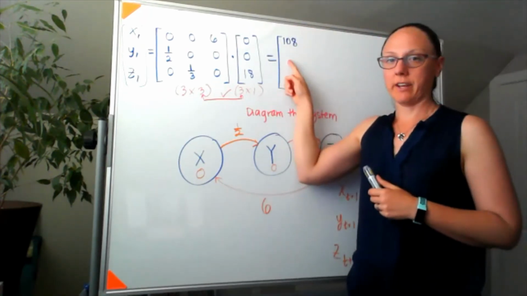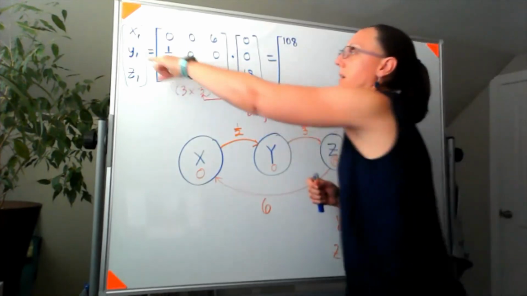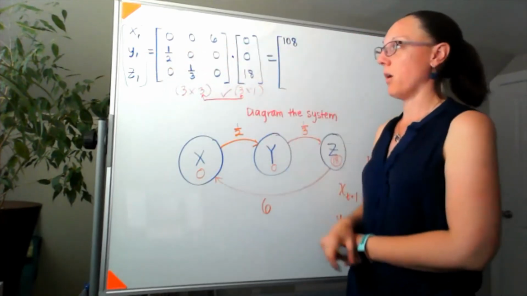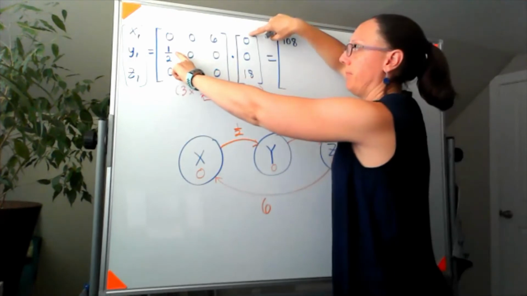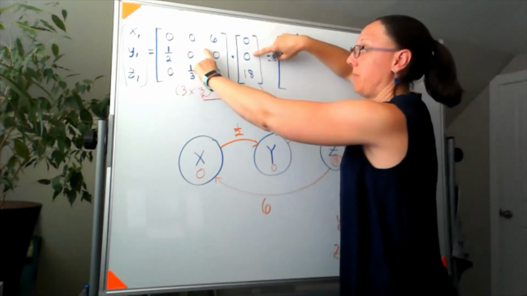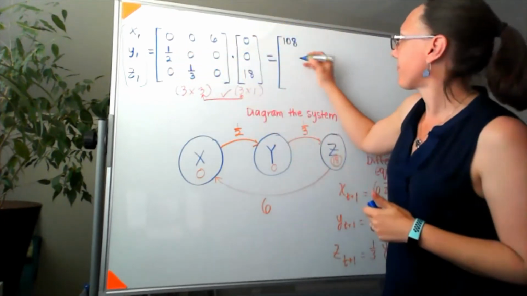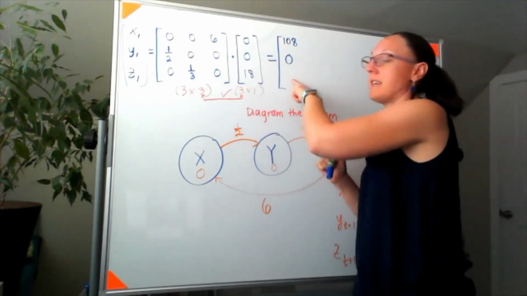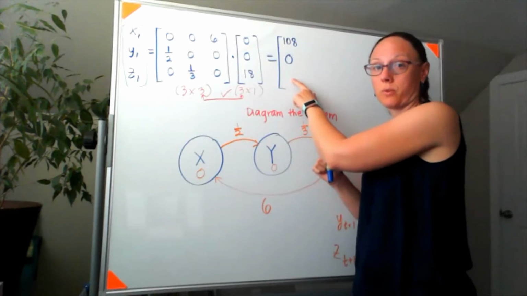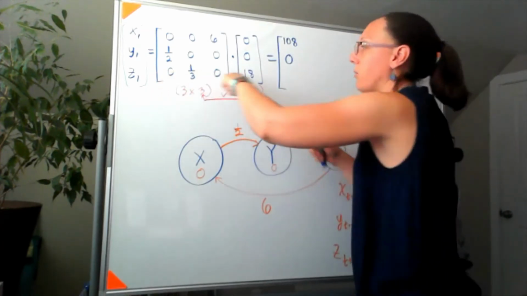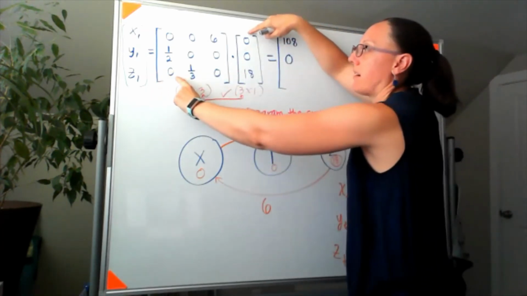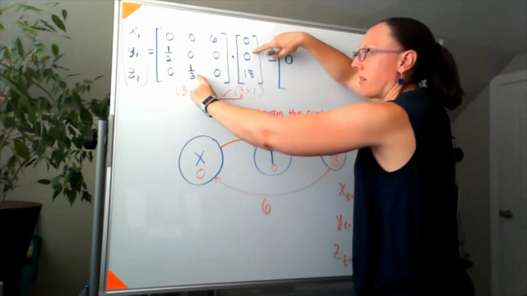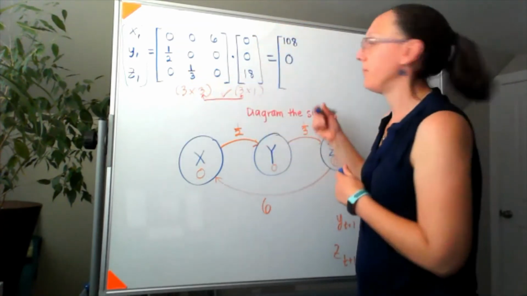To get my entry in row 2, column 1, I'm doing row 2 times column 1. So I'd have 0 plus 0 plus some more 0. And to get my entry in row 3, column 1, I need row 3 times column 1, so I'd have 0 plus 0 plus some more 0.